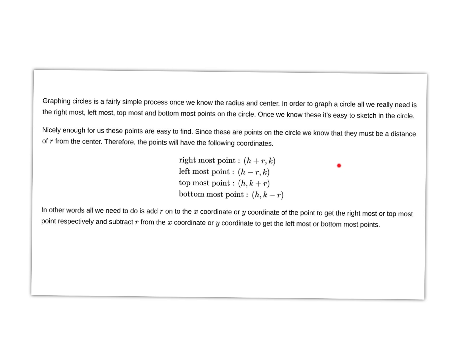And then if we go from the center of the circle to the bottommost point, the h value, which is the x coordinate of the center, will stay the same, and we will be taking the radius and subtracting it from the k value, which is the y coordinate of the center of the circle.